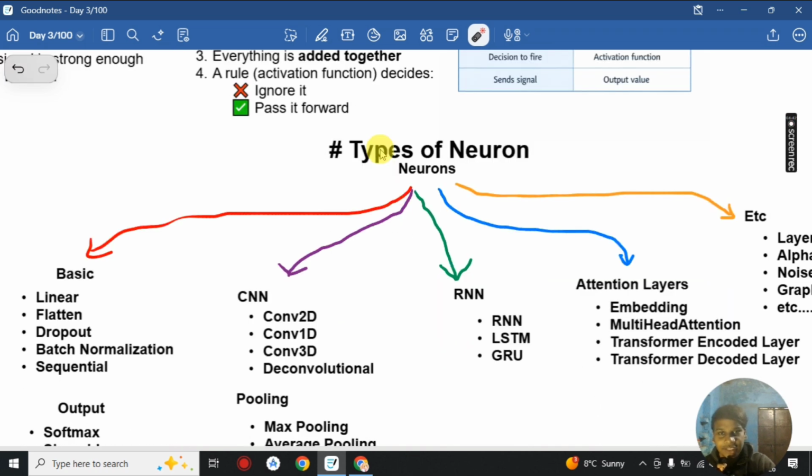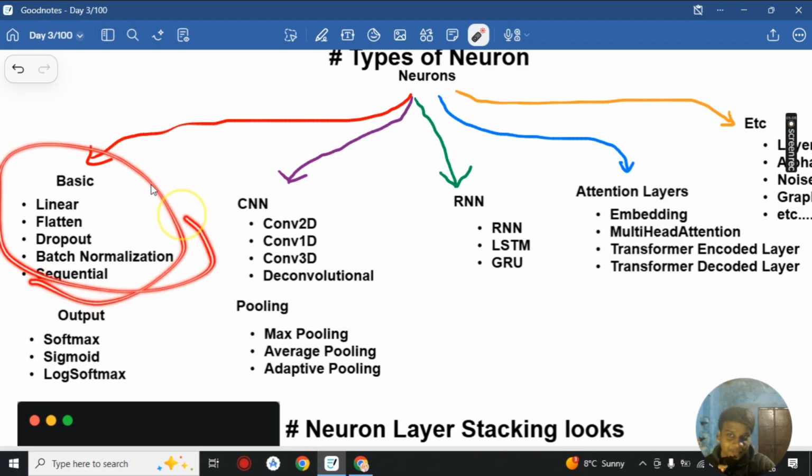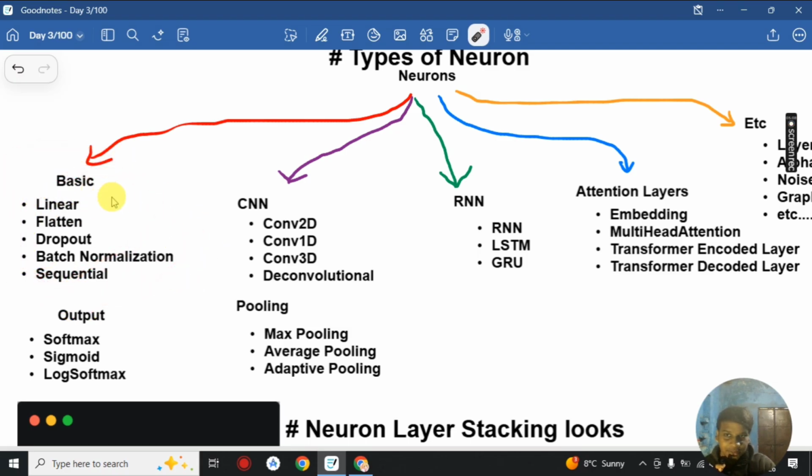Now we see the types of neurons. We use various types of neurons depending upon the problem. For our basic problems we will generally use linear, flatten, dropout, batch normalization and sequential layers. For most regression and classification problems, we use these types of neurons. For computer vision we use the convolutional neural network, or CNN.